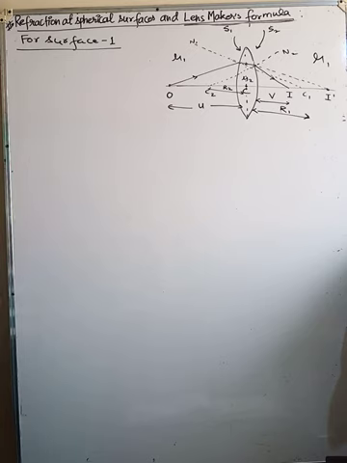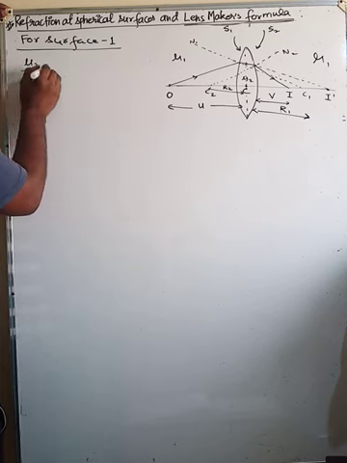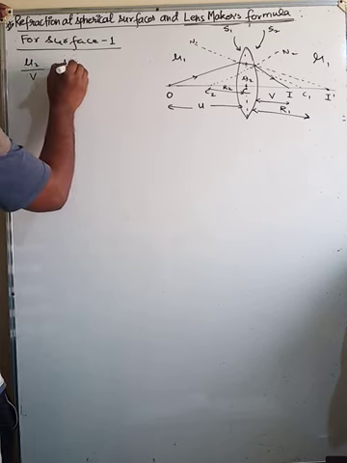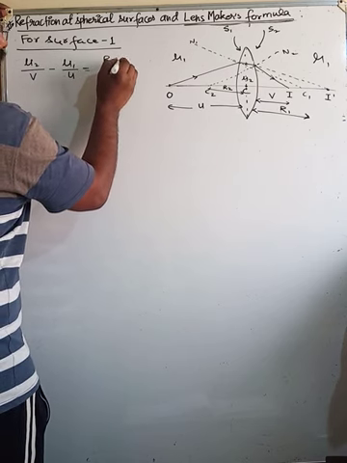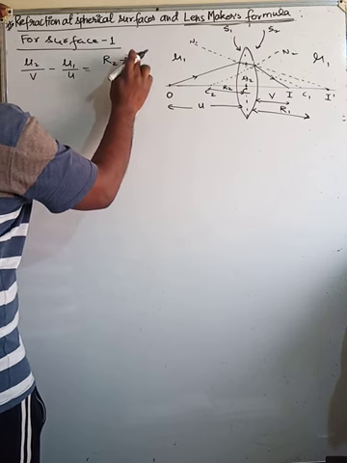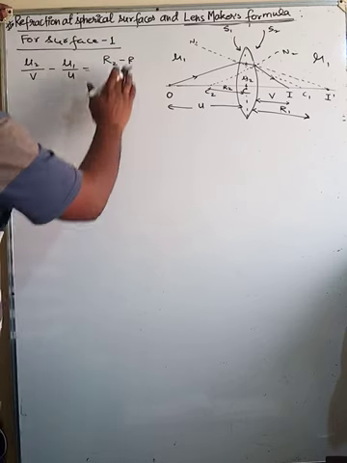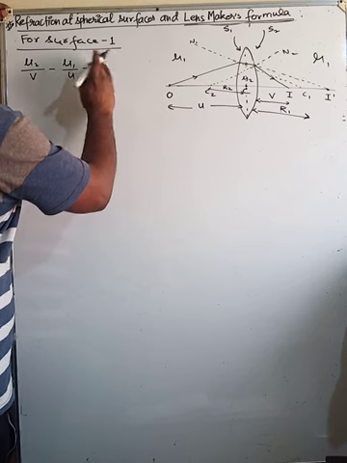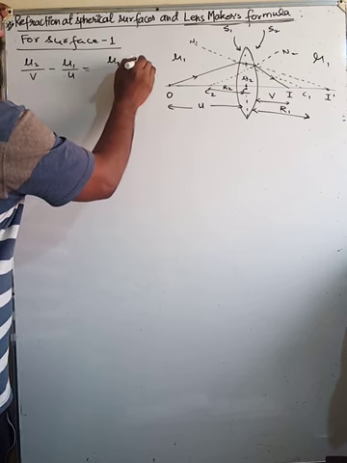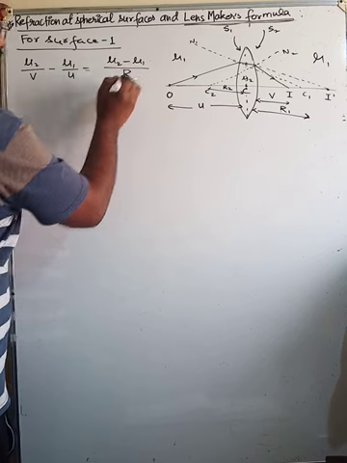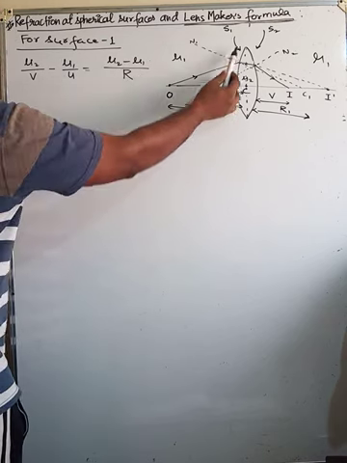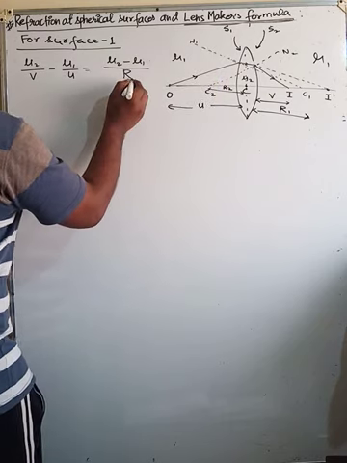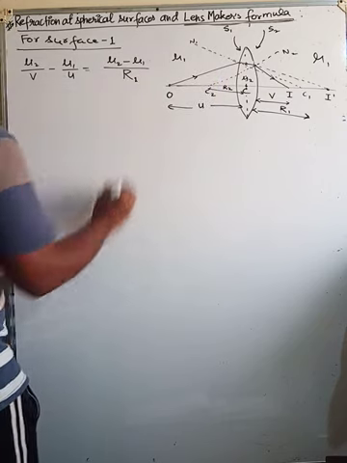As you know already, we have written the equation: mu2 upon V minus mu1 upon U is equal to mu2 minus mu1 upon R. Since we are writing for surface number 1, we write R1.